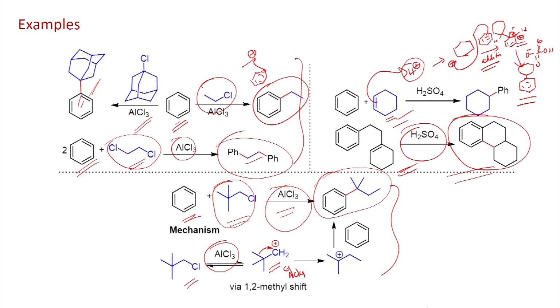Once you form the carbocation, there is a 1,2 methyl shift, then you form this. If you look here, the primary carbocation is converted into tertiary carbocation, which is more stable. Once you form this carbocation, now this undergoes reaction with your benzene ring. Then the addition followed by elimination takes place to give this as a product.